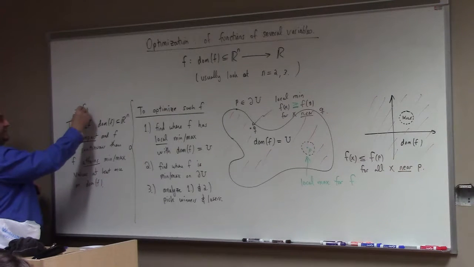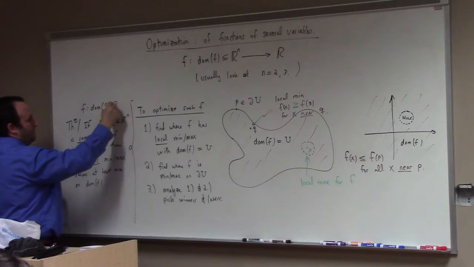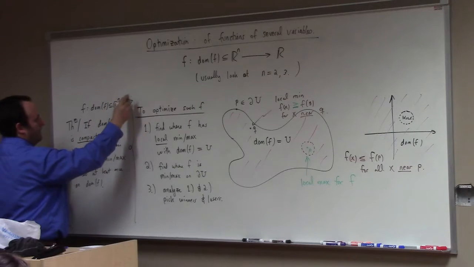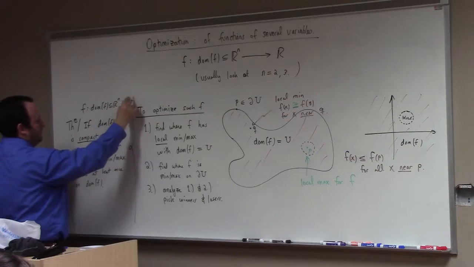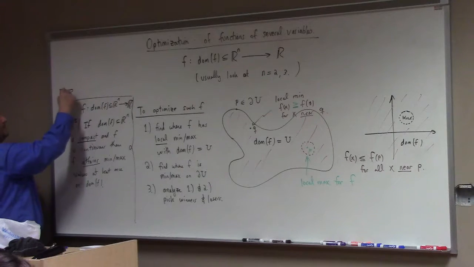And here again, f is a mapping from some subset of Rn to R. This theorem is the so-called extreme value theorem.